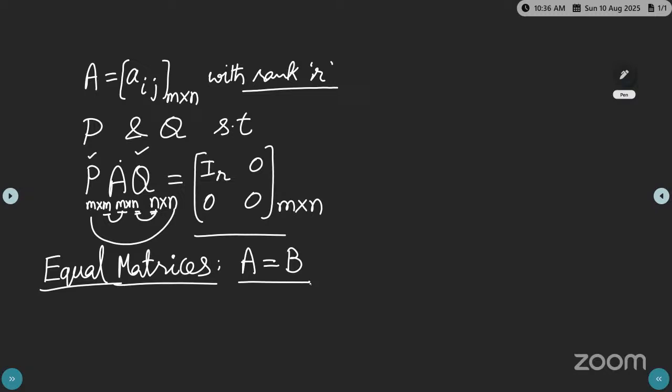Two matrices A and B are said to be equal if they are of same order and corresponding elements are equal. Next, equivalent matrices.